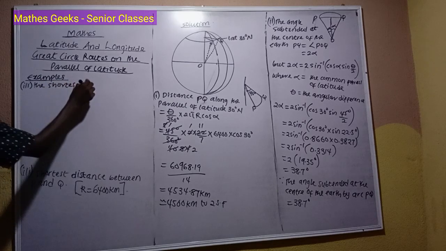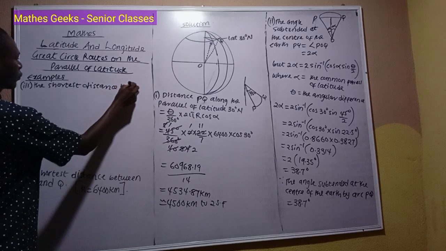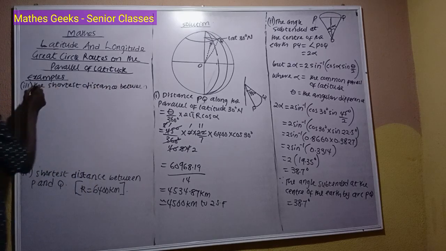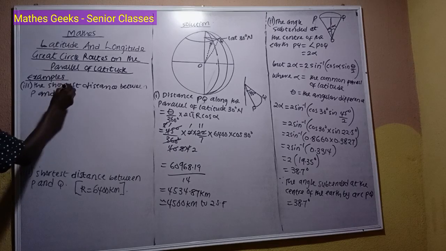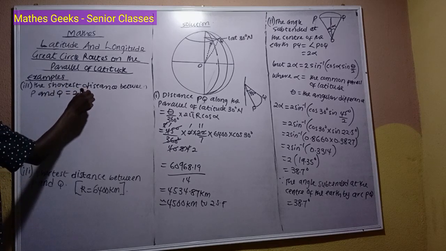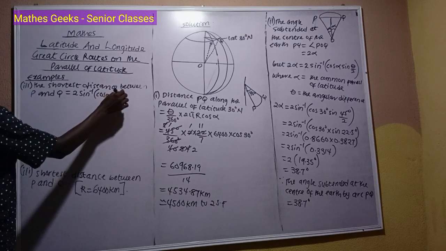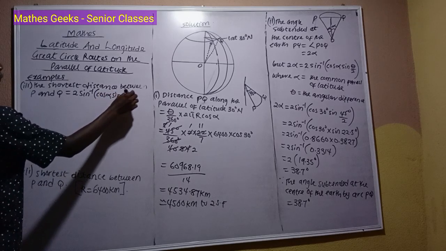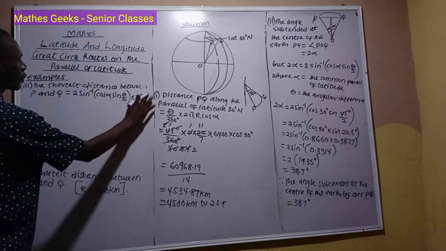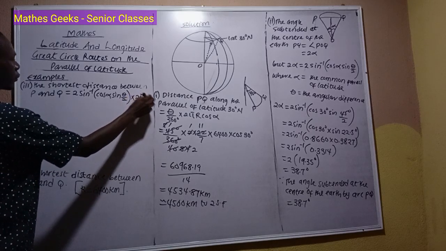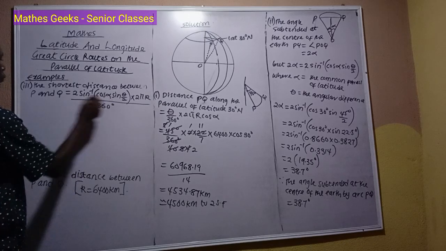Shortest distance between P and Q is equal to 2 arc sine cos alpha sine theta over 2 times 2 pi r over 360.